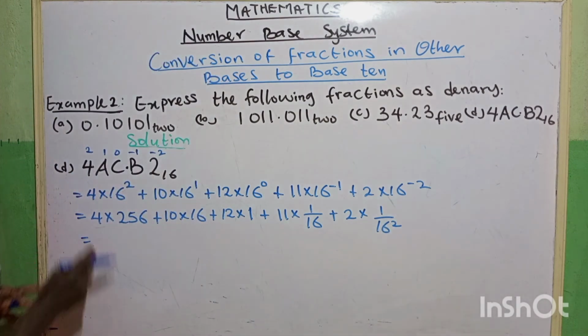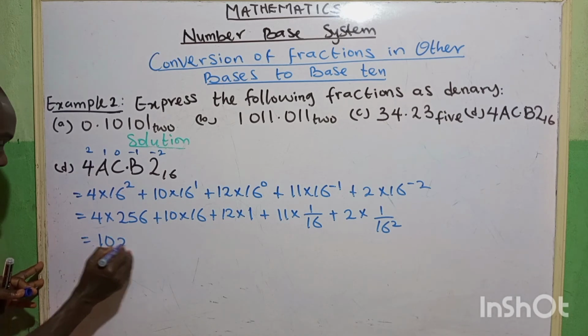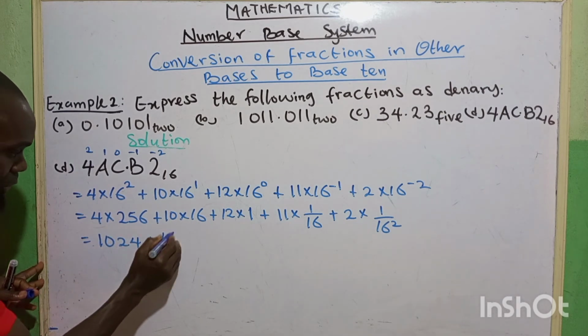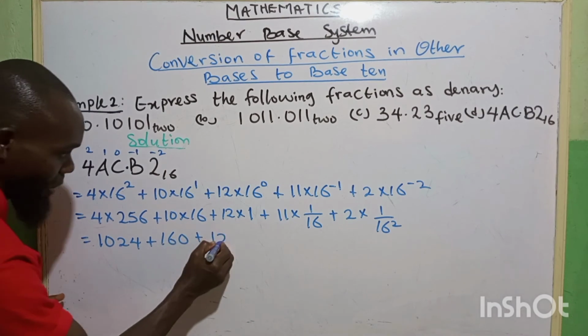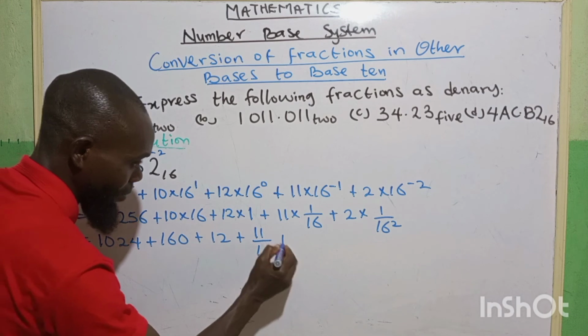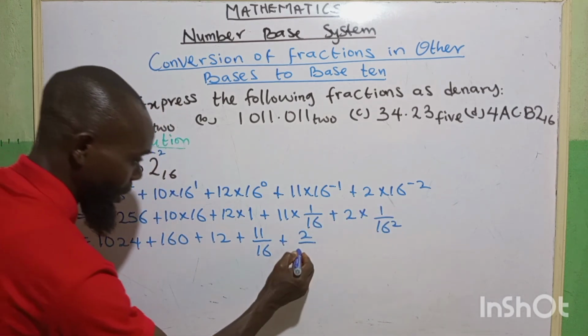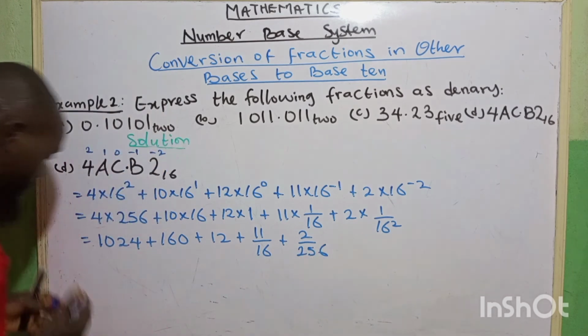So 4 multiplied by 256, 1024, plus 160, plus 12, plus 11 times 1, 11 over 16, plus 2 times 1, 2 over, so 16 times 16, 256. So now let us add.